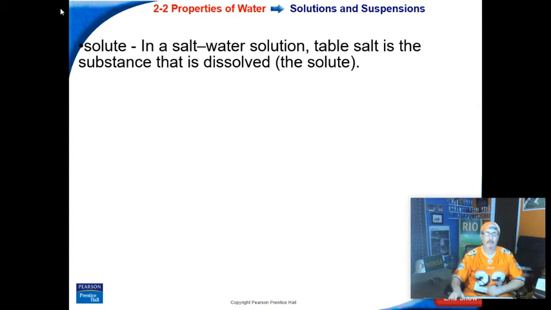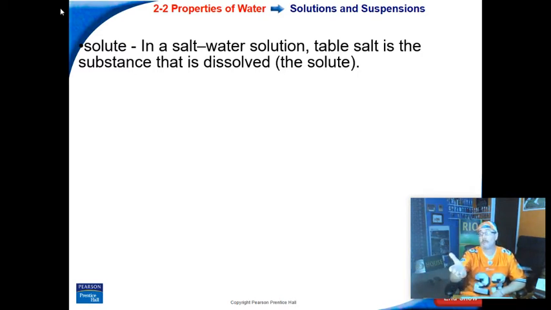15. Okay. A solute. So in a salt water solution, table salt is the substance that is dissolved. Okay, so whatever solid you are putting into a liquid is the solute, and the solute leads to a solution. Even though milk is a liquid, when you're adding milk into your coffee and mixing it together, technically milk is the solute.